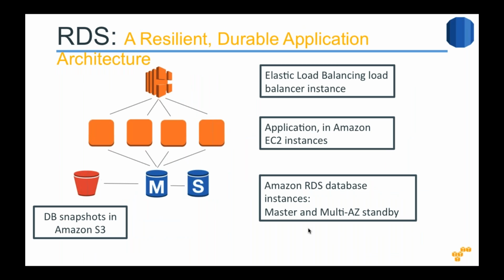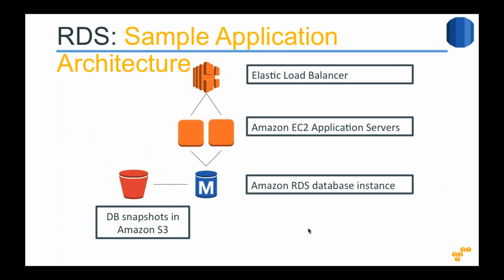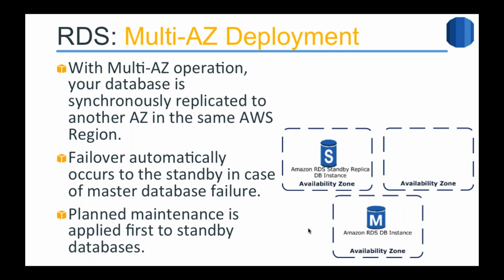A more complex application, a durable, resilient architecture will look something similar to this. How do I achieve this? We will just go back a couple of slides and look at those topics, and then we will understand how to do this. So far, if you remember, I did not tell you how to have high availability and resilience. That is what we are going to look at now.